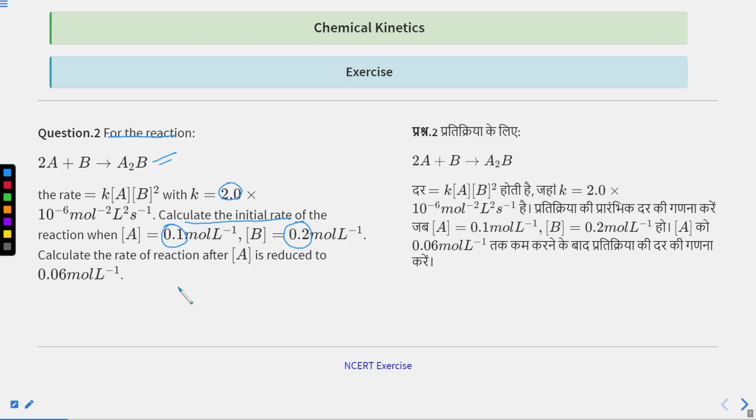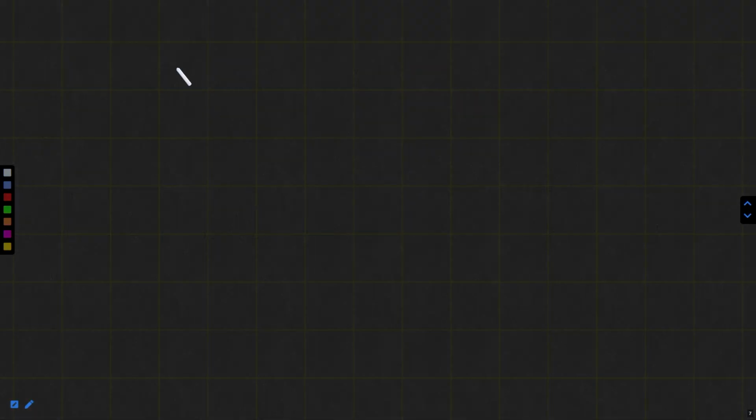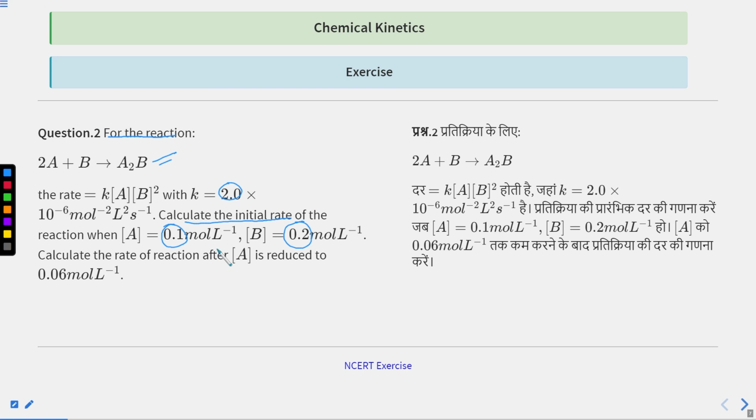The first case says that we have to find it for the initial rate. So at initial, at t equals 0, A is 0.1 and B is 0.2. So A is 0.1 mole per liter and B is 0.2 mole per liter. What about the rate constant?